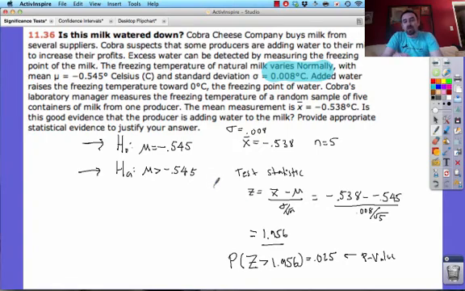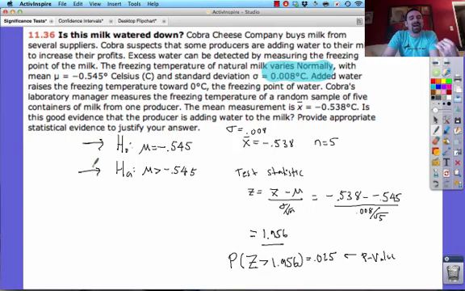They can either not rock the boat and not accuse their suppliers of watering down milk. That's option one. Or they can reject the null hypothesis and say, you guys are watering down the milk. If they do that, however, and they screw up, there's a big problem. If it turns out that they launch this big investigation and their suppliers are doing nothing wrong, they're going to lose all their business. So they have to be very, very careful.